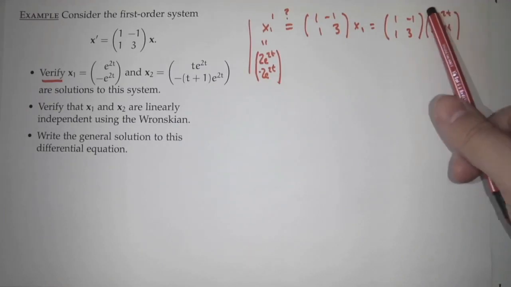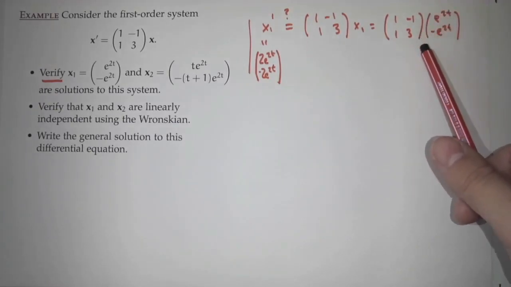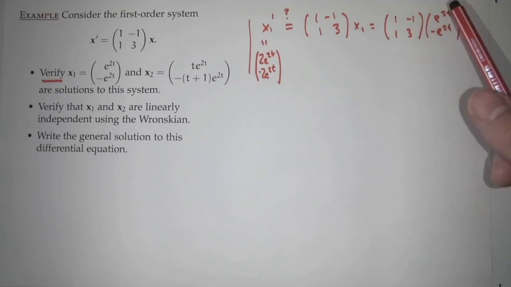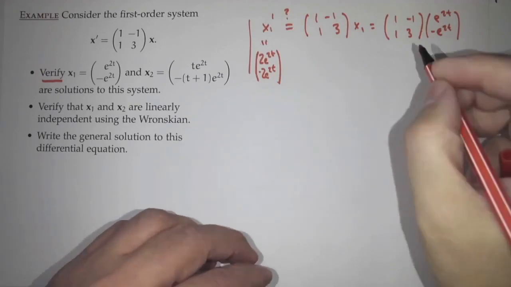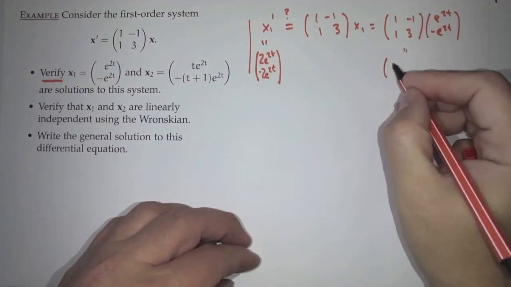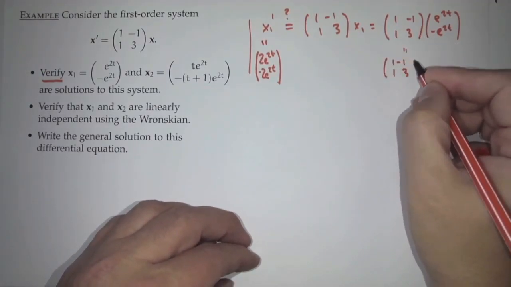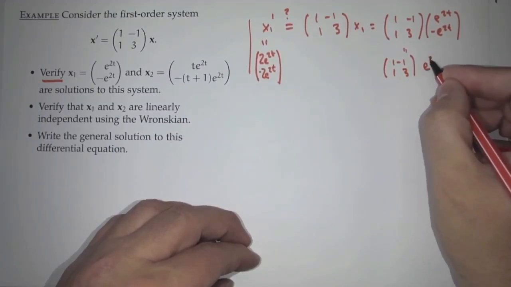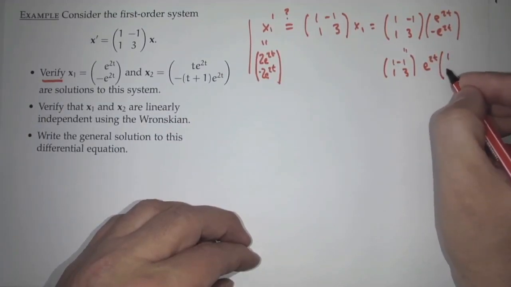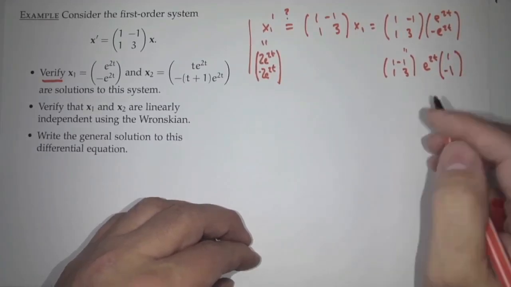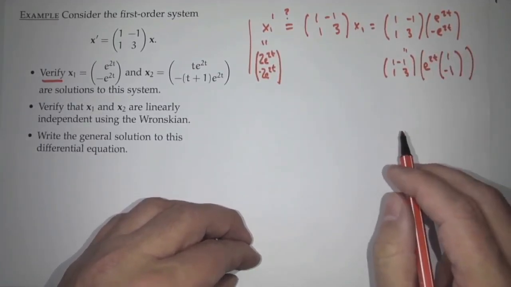So the suggestion has been the vector. What's in the vector that's nice, that's common? e to the 2t. So really this is the same as 1 minus 1, 1, 3. Factoring it out, so we factor out of all the entries. It's not very hard because it's a column vector, 1 minus 1.